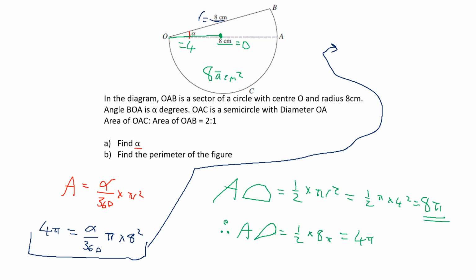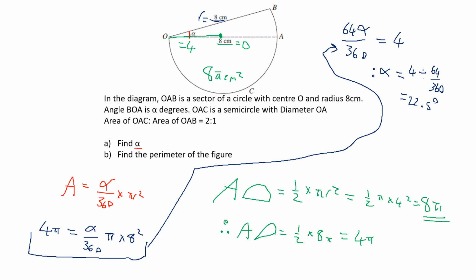First and foremost we can eliminate the pi's on each side, because that's a lot easier. 8 squared is 64. So 64 alpha over 360 is equal to 4. Therefore alpha is just going to be 4 divided by 64 over 360. And when we plug that into our calculators, we get an answer of 22.5 degrees. So now we worked out what alpha is equal to.